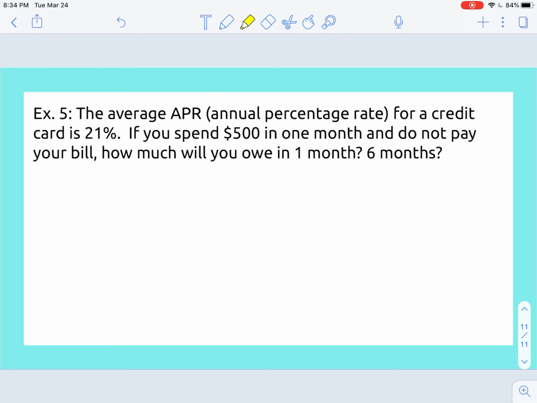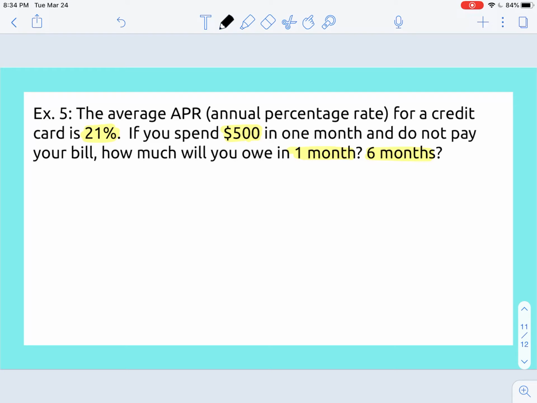So it says here that the average APR, or annual percentage rate, for a credit card is 21%. If you spend $500 in 1 month and do not pay your bill, how much will you owe in 1 month? And then how much will you owe if you just kind of hope it goes away for 6 months?